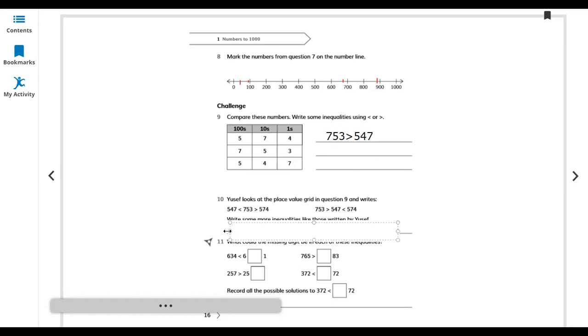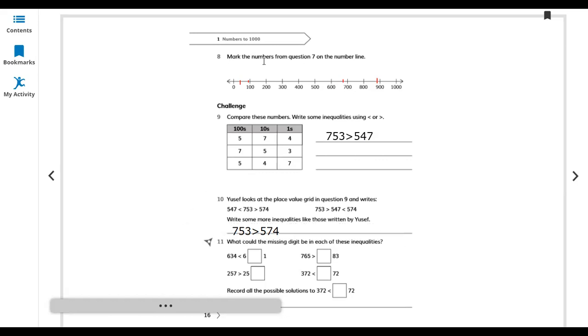So you can write any one. 753 is greater than 574, and so on. You can make a complete set.